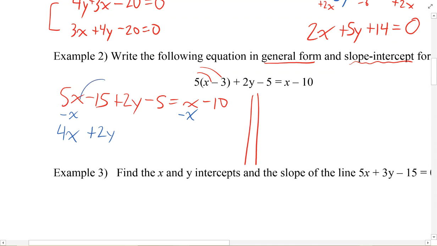So over here I have -15 and -5. That's -20 altogether. But then what am I doing? I'm going to be adding 10 to move it. So how many constants do I have? -20. What does the left side equal? 0. Everything's gone.